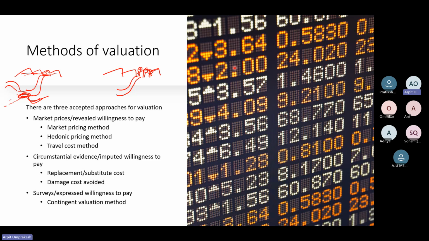Then we have imputed willingness to pay or circumstantial evidence, where we calculate the replacement or substitute cost, the cost we might incur because of damages due to the absence of this patch of forest, or some other area. So you're finding, if that is not there, how much money will I spend, by calculating the damage cost that is avoided, or the substitute cost. Now, in the third approach, you are doing surveys. You are seeing expressed willingness to pay. How much are people willing to pay? How much do people value it?